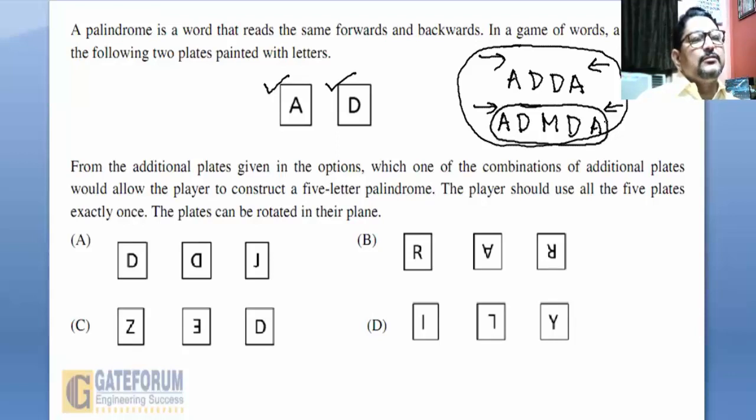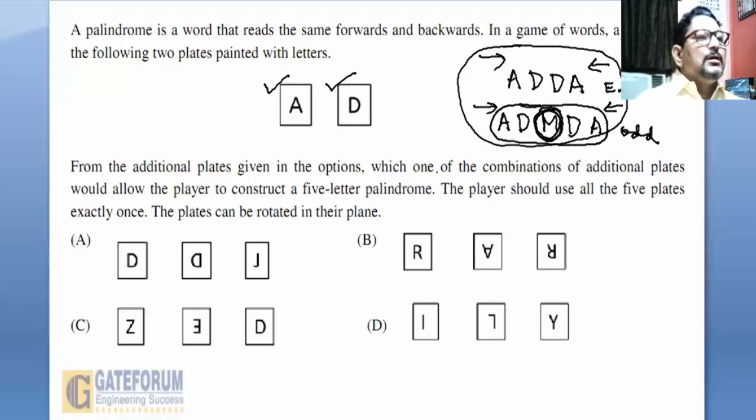This is a 5-lettered one. And because it is an odd-lettered one, there must be one letter that will always be single. It has to be single. Okay, this we must take care. And the others must be double and double. Had it been an even-lettered palindrome, all the letters would have had to be double, right?